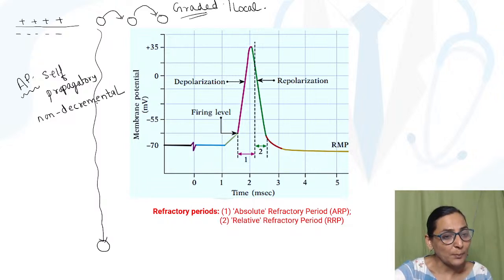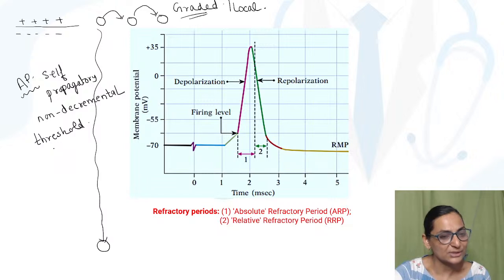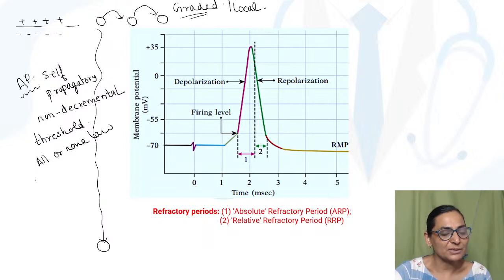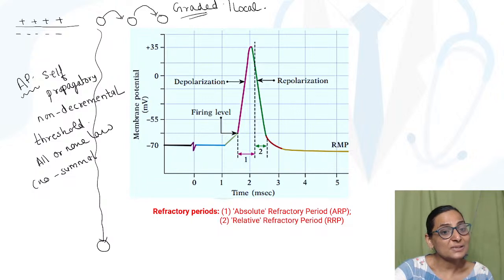It is self-propagatory, it is non-decremental, it is produced only by a threshold stimuli, not by a subthreshold stimuli, and it only follows the all or none law. No summation. ठीक है, there is no summation, it follows the all or none law.